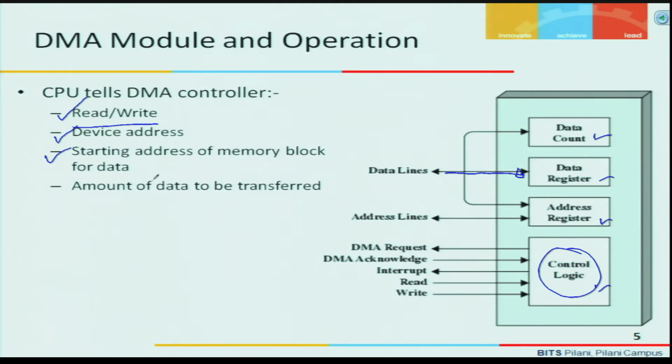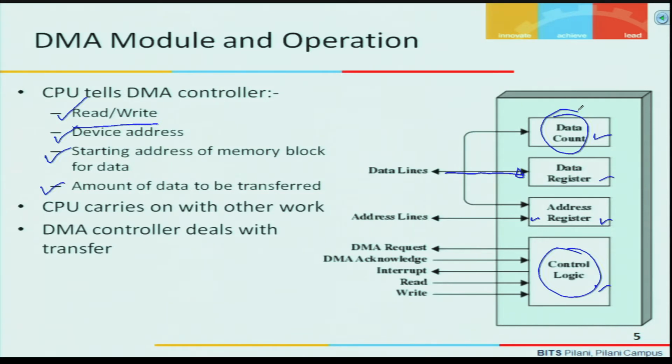The starting address of the memory block is stored in the address register, which it gets through the address lines, and the amount of data to be transferred is stored in the data count register. So there are three pieces of information, plus one piece of control information, which says whether the operation on the IO device is a read or a write. Once the processor has supplied this information, the processor is free.